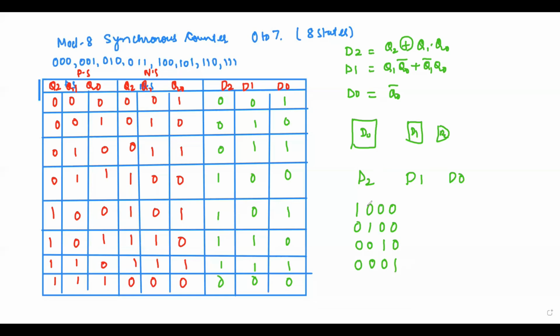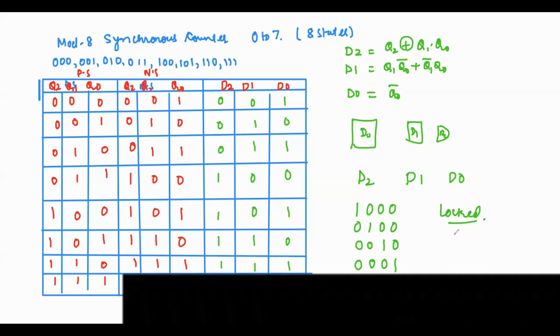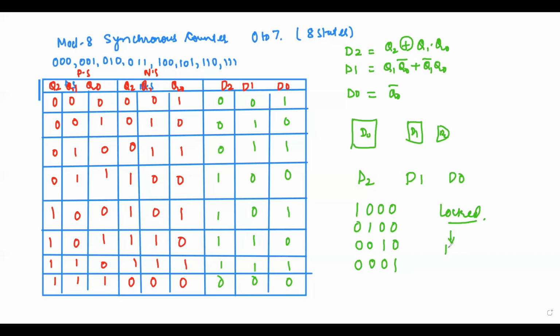After that it will come back to the first. In between there are so many unused states. If we land in those states, then your system will get locked. To avoid that locked situation, every time your system is in that condition, you reset the system.